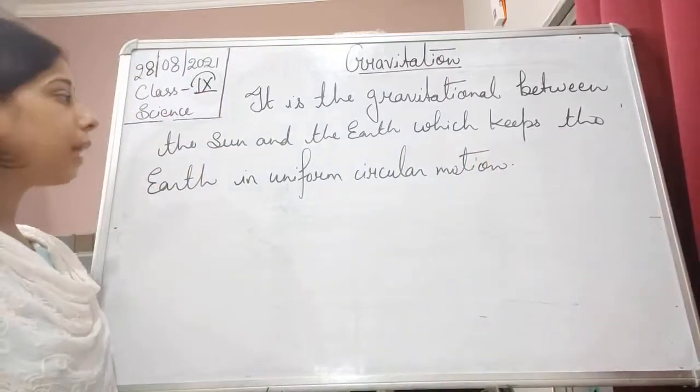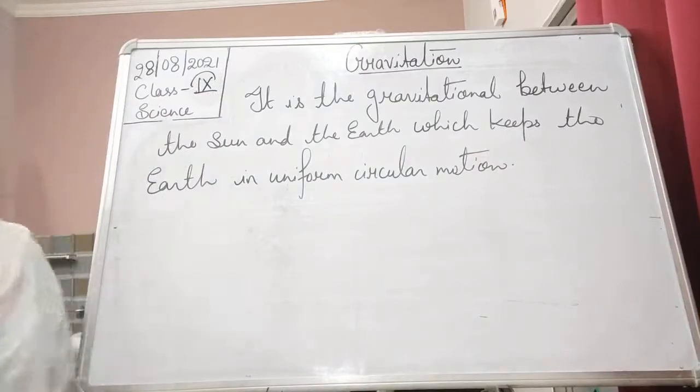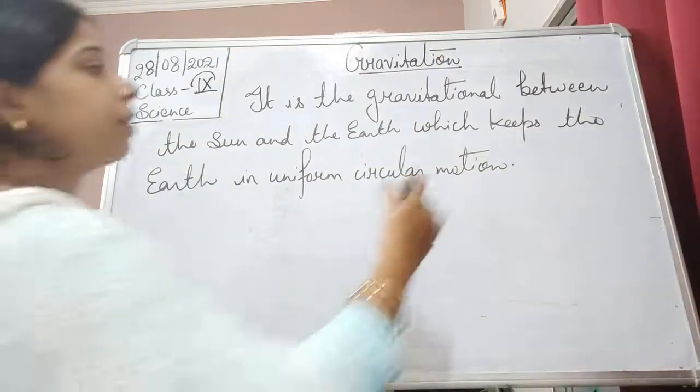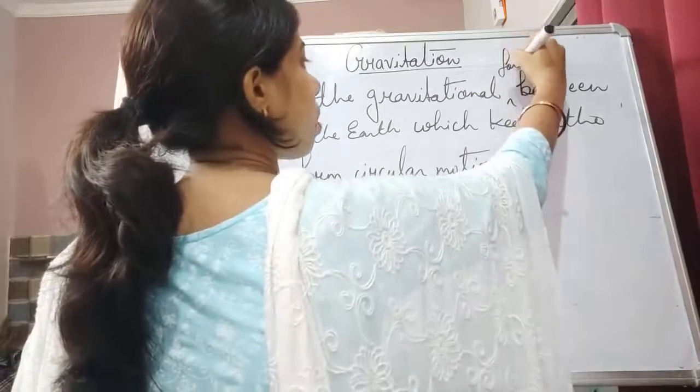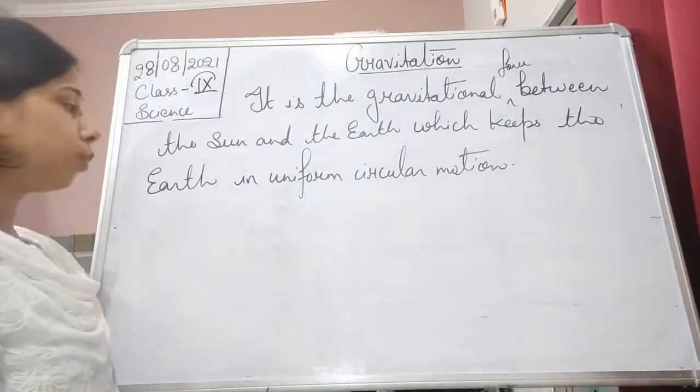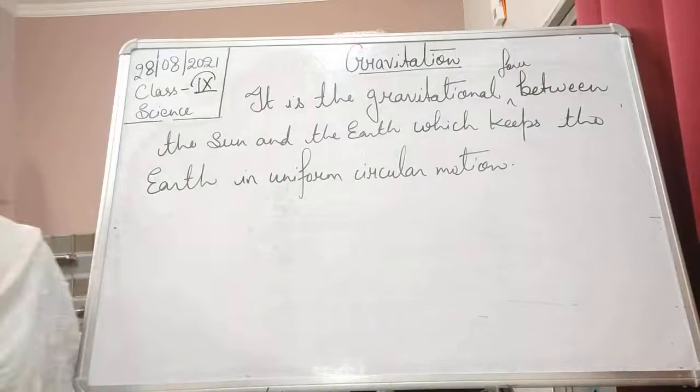Okay, so it is the gravitational force between the sun and the earth which keeps the earth in a uniform circular motion.